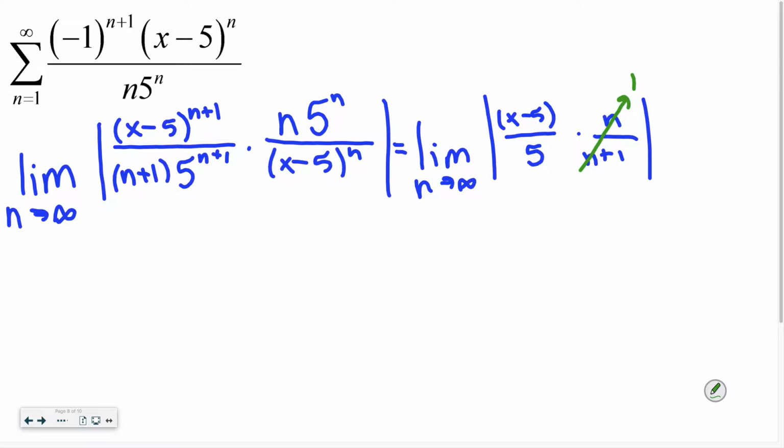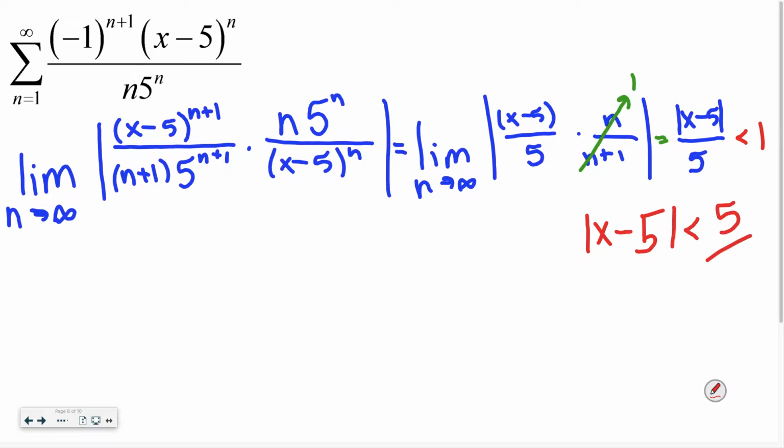Our limit would be the absolute value of x minus 5 over 5, because that's what we have left. What do we want that to be? Less than 1. So we need the absolute value of x minus 5 to be less than 5. That 5 is our radius of convergence.